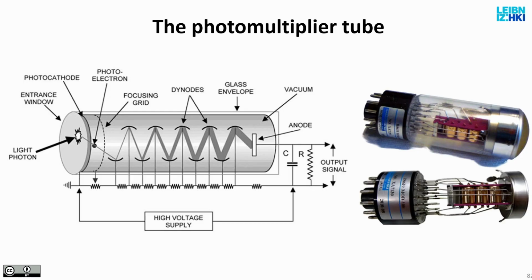These 2 electrons now will knock out 4, and then 8, and then 16, and then 32, and so on and so forth. What do I do? I magnify the signal. From one photon, I will get thousands of electrons. Then I put this across a resistor and measure the voltage. So basically, I multiplied my photons. That's the name photomultiplier.